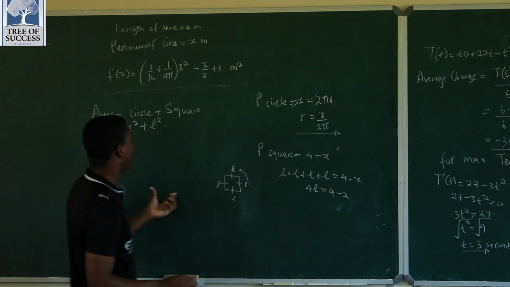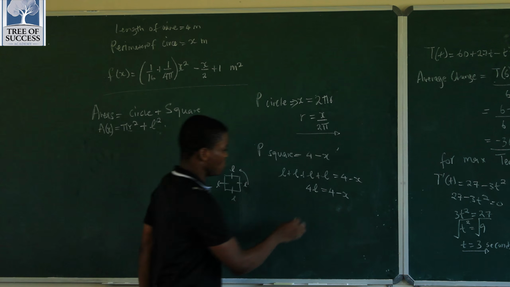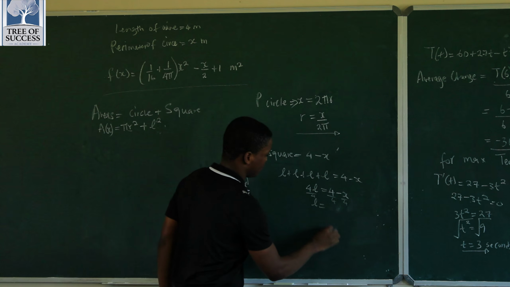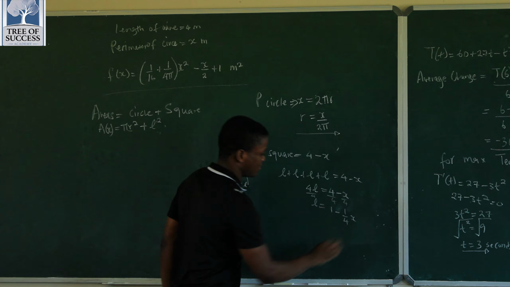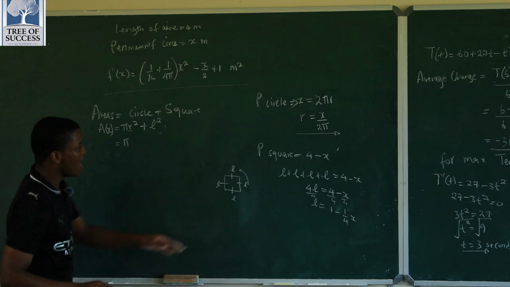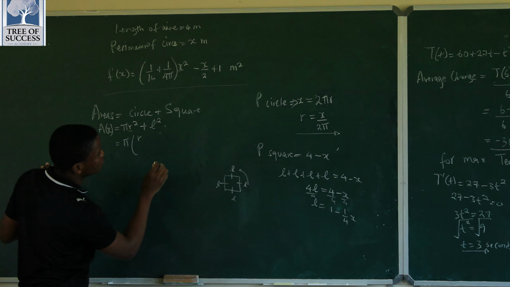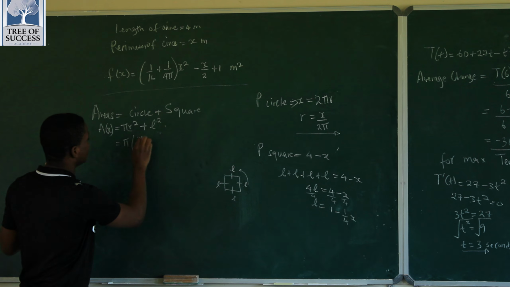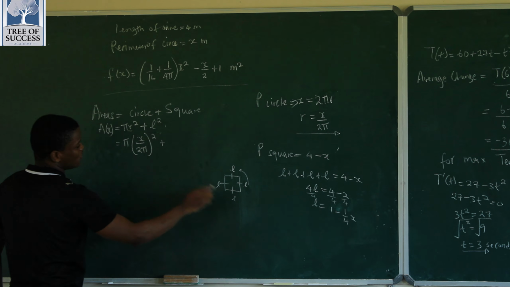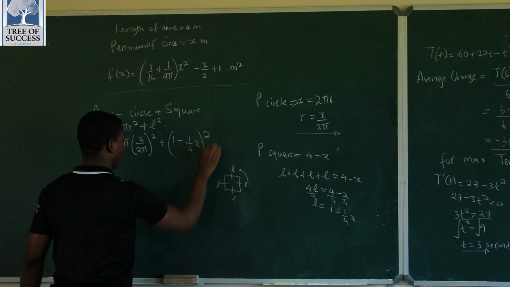Now we must make l the subject of the formula because we want to substitute it there. So l equals, we divide everything by 4, which gives 1 minus 1 over 4 x. Now let's substitute. We have the area as pi r squared, with r equal to x over 2 pi, all squared, plus l, which is 1 minus 1 over 4 x, also squared.